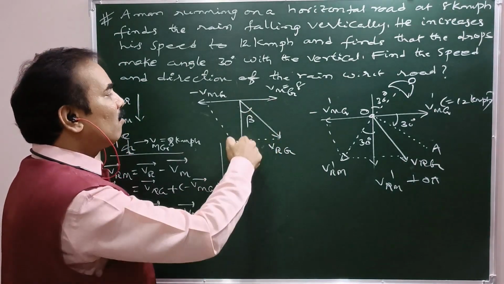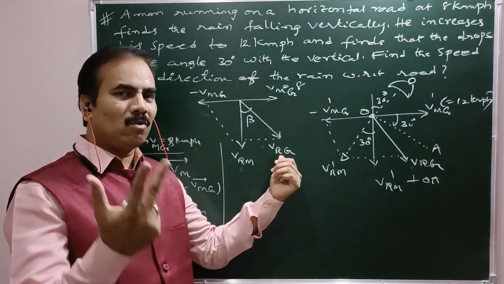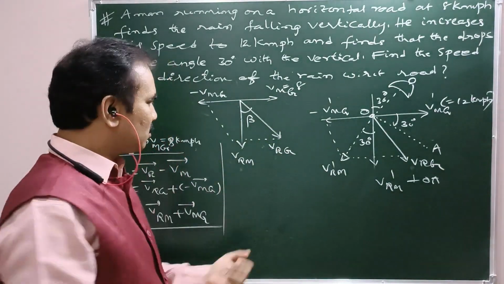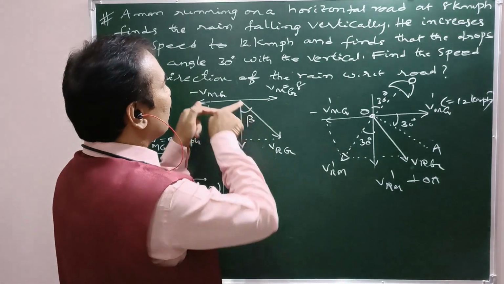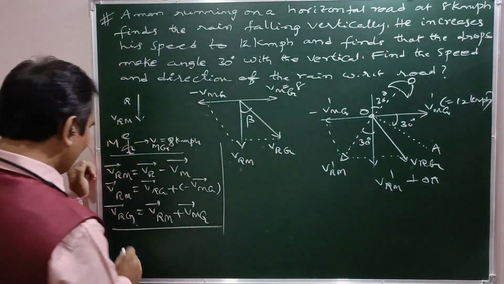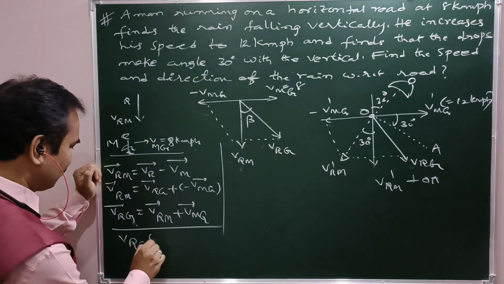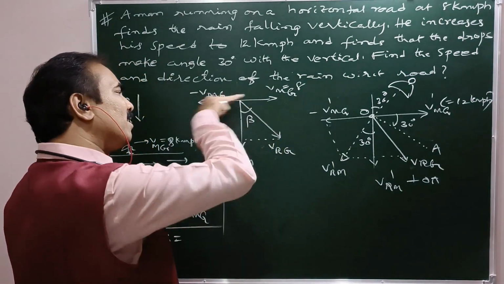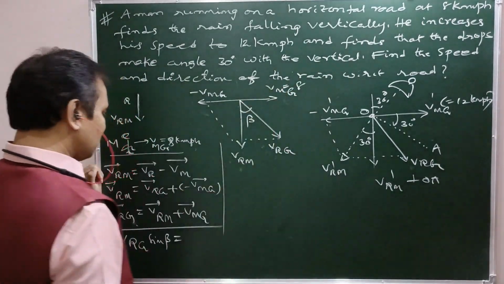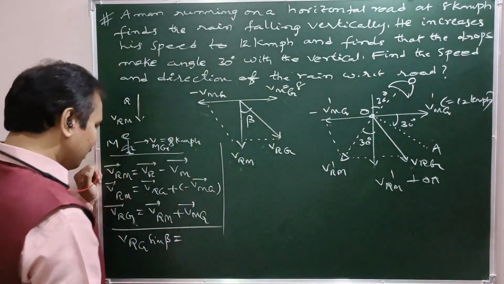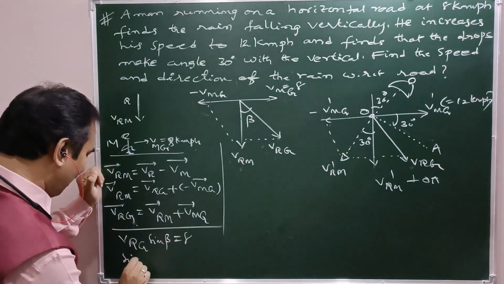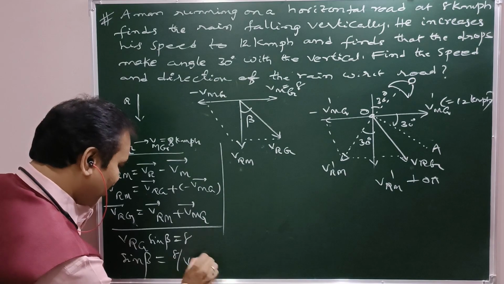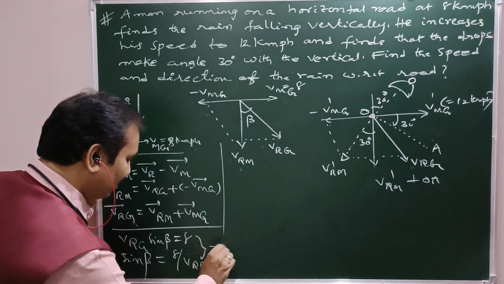Because this is lying in the fourth quadrant, we can resolve this vector into two components: one vertically downwards, another horizontally rightwards. So VRG sin beta is the component along VMG, so VRG sin beta must be equal to 8. It implies sin beta equals 8 by VRG. This is number 1.